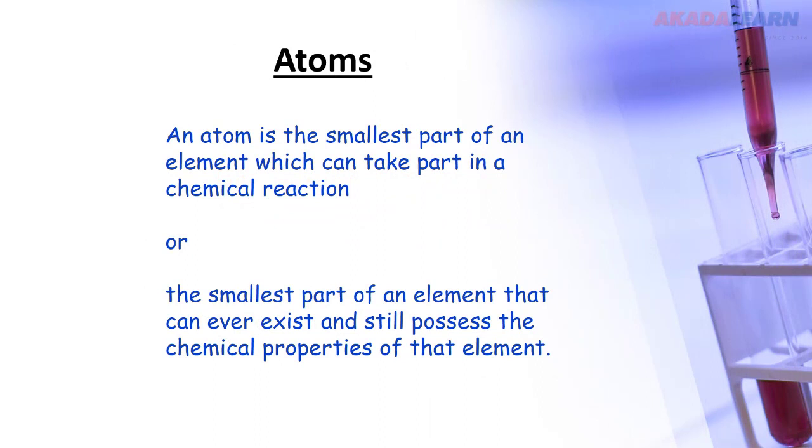Atoms are the smallest part of an element which can take part in a chemical reaction. Or we can define an atom as the smallest part of an element that can still exist and possess the chemical properties of that element.